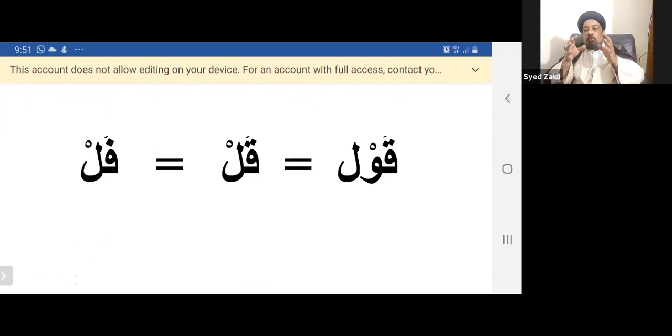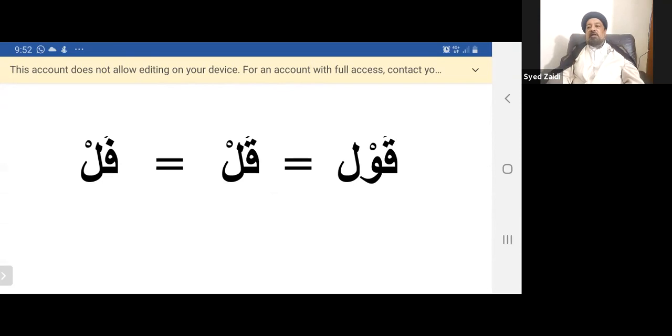Right? From the word qawl comes qul. Waw was deleted for a reason. And now these principles are going to come later on, because I don't want it to get very complicated at this moment. Why this happens comes later. But now we're just discussing what happens. Why it happens will come later on.